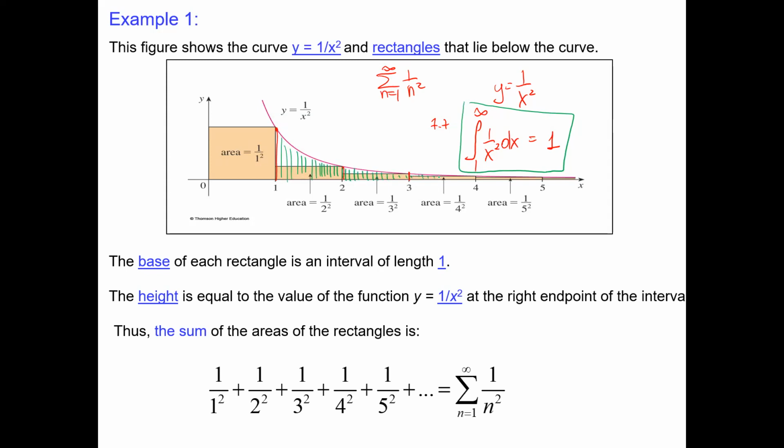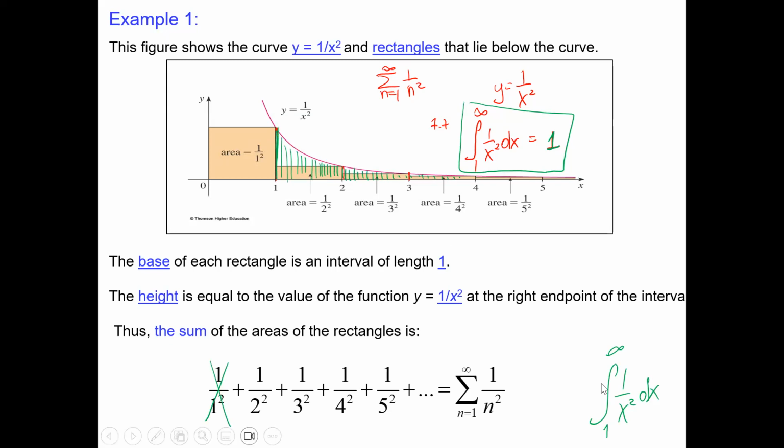If I compare the values, the green area is 1, going to infinity. Our infinite series is just these golden rectangles, and the golden rectangles are less than the green area, the integral of 1 over x squared dx from 1 to infinity.